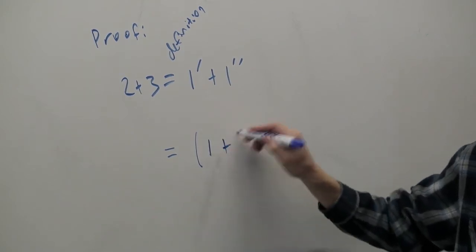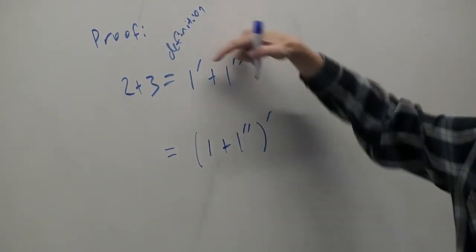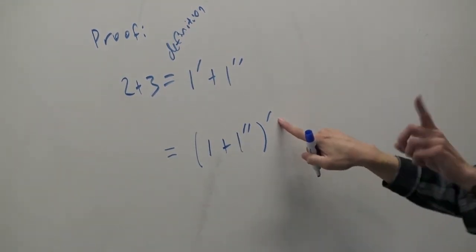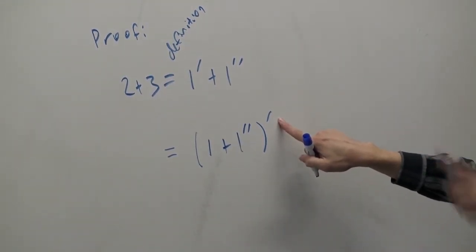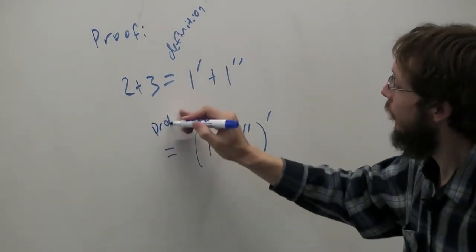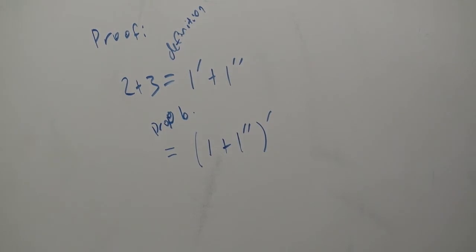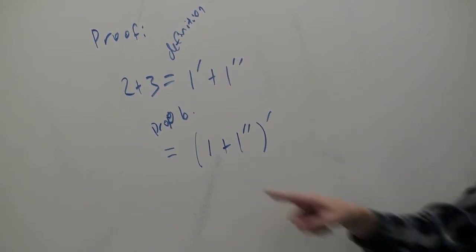Parenthesis, 1 plus 1 successor, and we just moved that guy outside parentheses, and we can do this by, let me get this straight this time, property B. And now, what's on the inside?